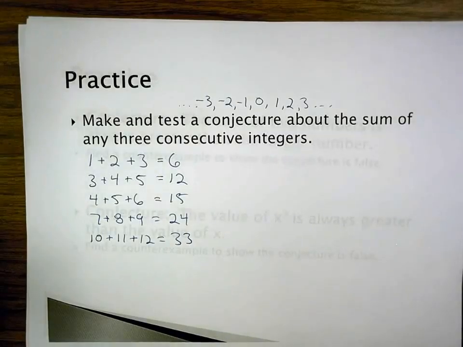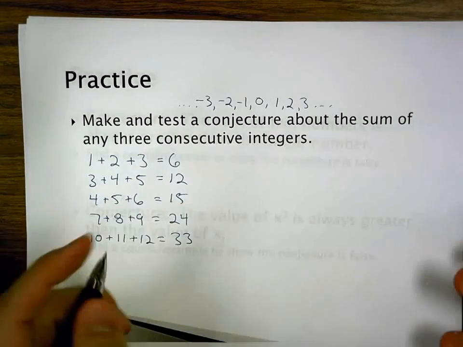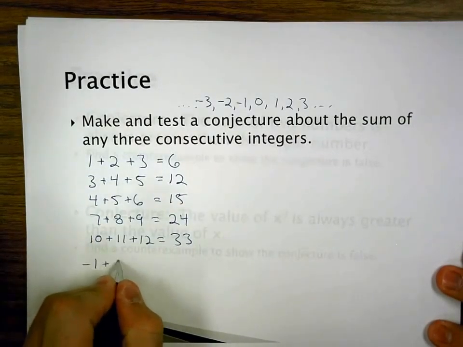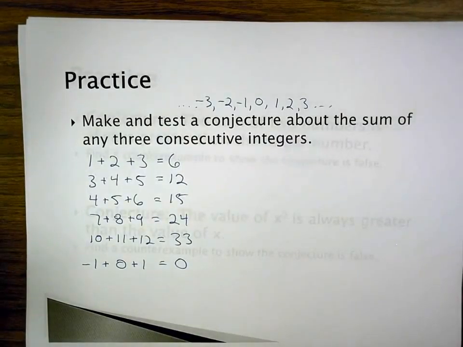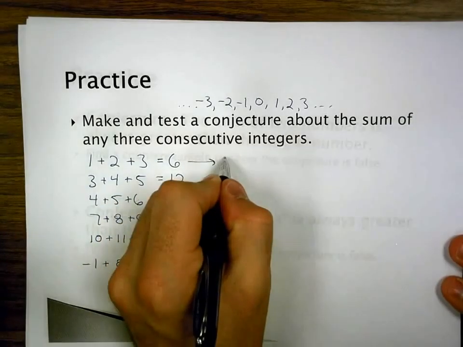So we've gotten a few samples here, and we can maybe get an observation from that. They're still all positive, but if we did negative 1 plus 0 plus 1, which is 0, that gets rid of that thought. They're all multiples of 3. That's something that exists. So let's take a look at that a little bit further. They're all multiples of 3.